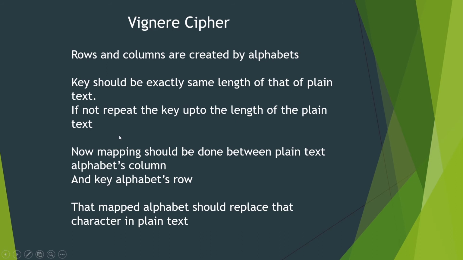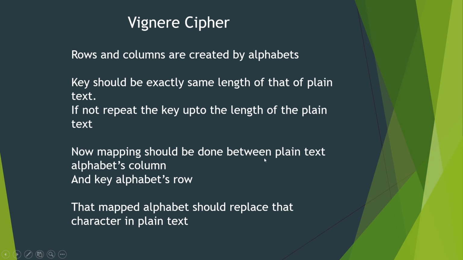That means if the plain text length is 10 and the key is 4, you repeat it again, 4, and you get 8. So you get the remaining 2, right? That means you need to fill up 2 more characters, and you can just repeat the first 2 characters of the key. That's how you make sure that the plain text length and the key length are equal.